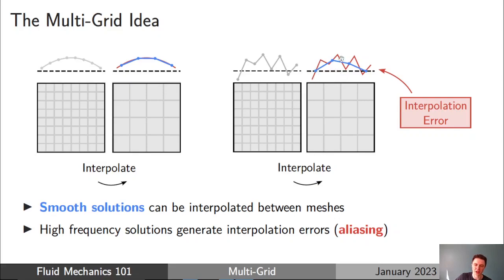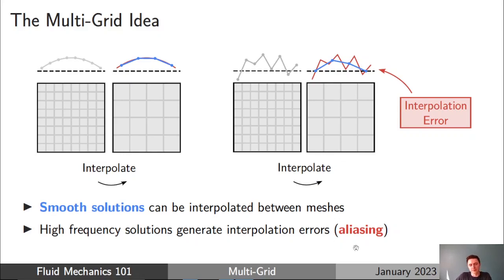And so we've got a large interpolation error there. So moving from a finer mesh to a coarser mesh, regardless of what the field is, we need the field to be smooth for us to have effective interpolation. If we don't, we have large interpolation errors, and this could slow down the convergence of our algorithm.